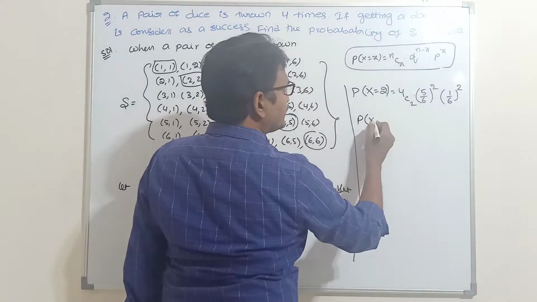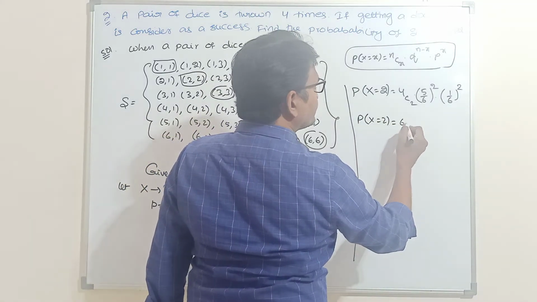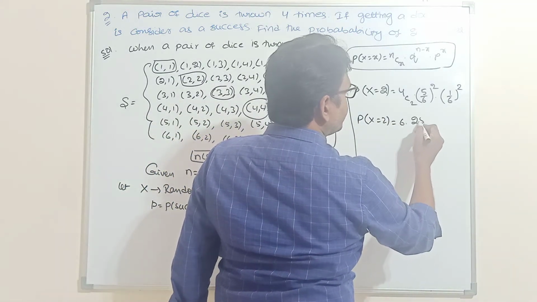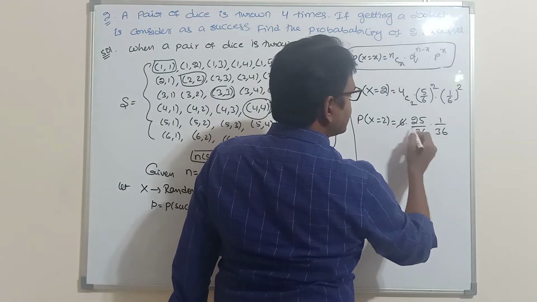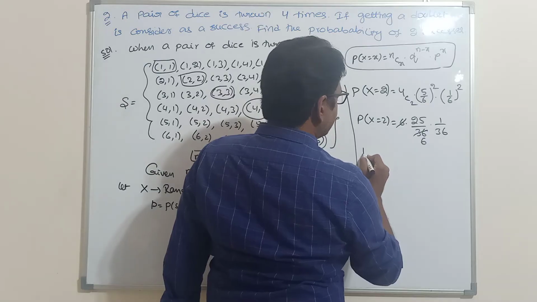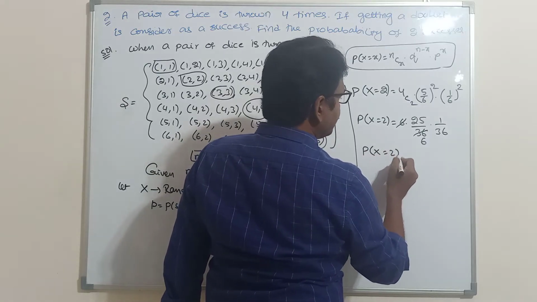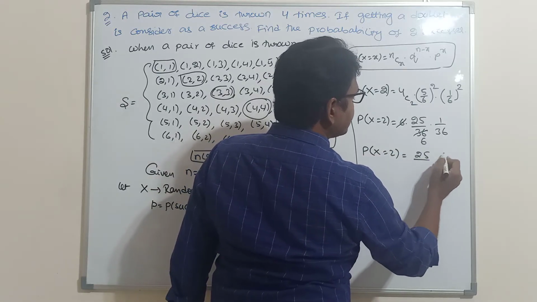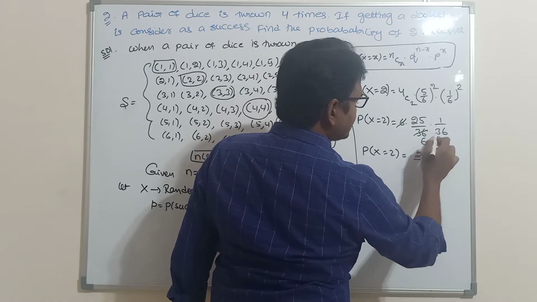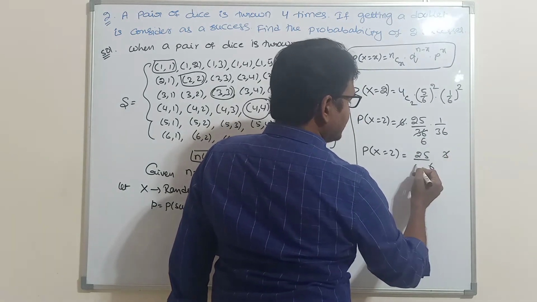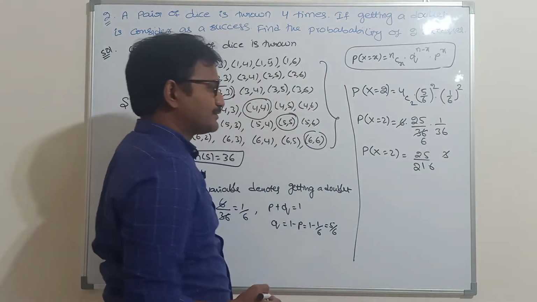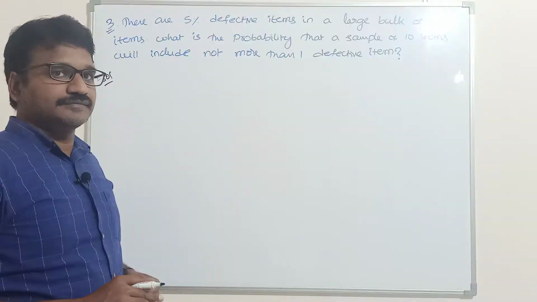So P of X equal to 2 is equal to 4C2 value is 6, times 25 by 36, into 1 by 36. 6 times 36 is 216. So the answer is 25 by 216.